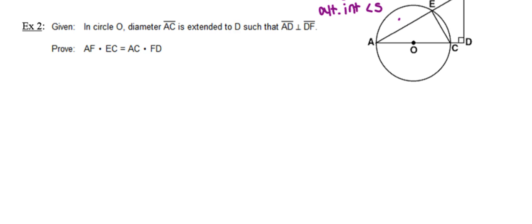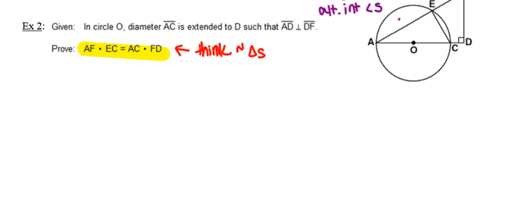All right, so anytime I see a product here, I'm going to think to myself, similar triangles. Why? Well, similar triangles have corresponding sides that are in proportion, and it's by cross-multiplying the pieces of that proportion that we end up with the product in the proof. So again, that tells me to think similar triangles.